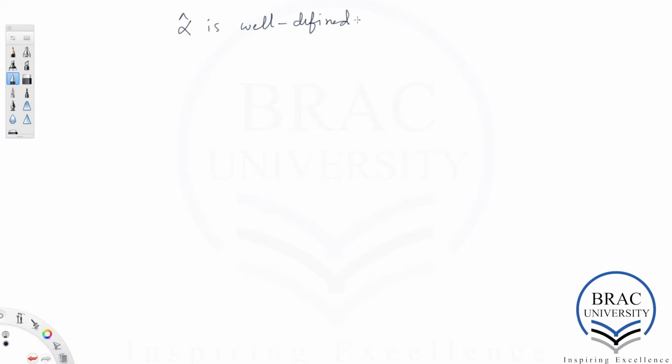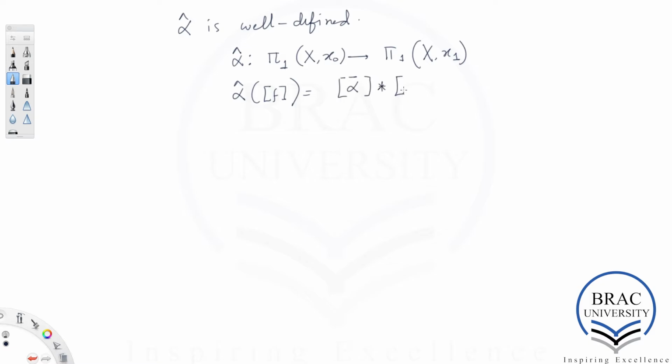So we defined alpha hat as a map from the fundamental group of X with reference to the base point x0 to the fundamental group of X with reference to the base point x1 by alpha hat of F equal to alpha bar star F star alpha. And this is well defined.